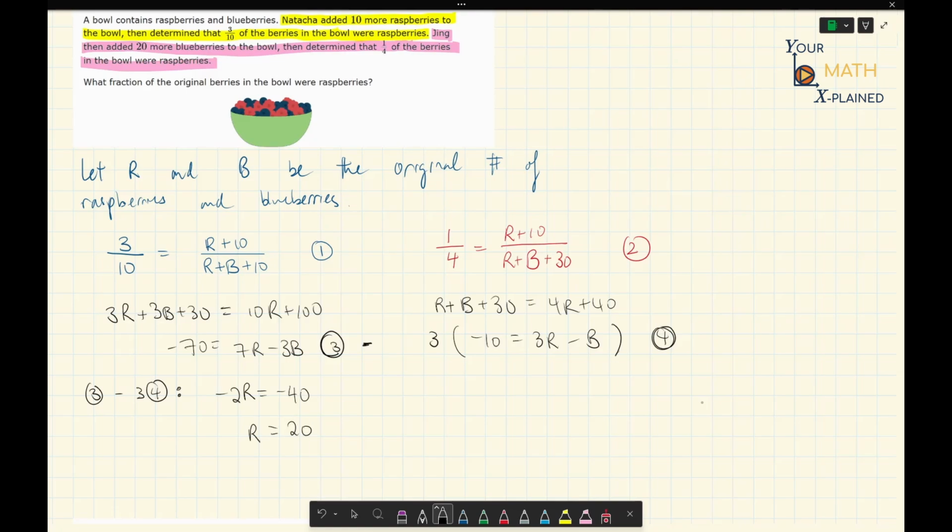And if we have R, we can sub it back in to find B, and we'll actually get that B is equal to 70. Since the original problem was asking us for the fraction of raspberries in the bowl, that would be 20 over 20 plus 70, the number of raspberries over the total of raspberries and blueberries in the bowl. That would be 20 over 90, which then reduces to 2 over 9.